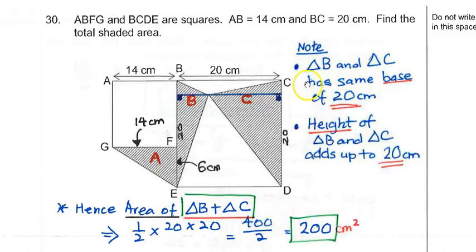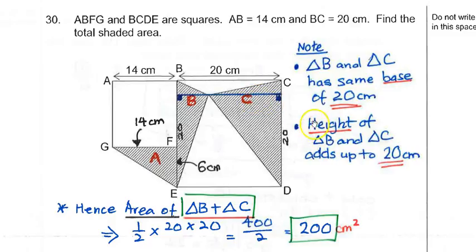Now note that triangle B, this is something you need to find out, all right? Triangle B and C have the same base of 20 cm. Base here 20 cm, base here is 20 cm. Now this height over here, we are not certain of B alone and C alone, but we are very certain that B plus C is 20 cm.